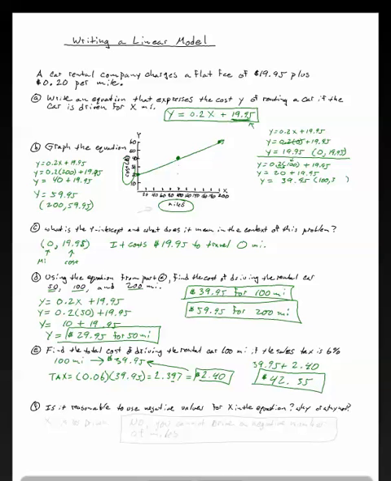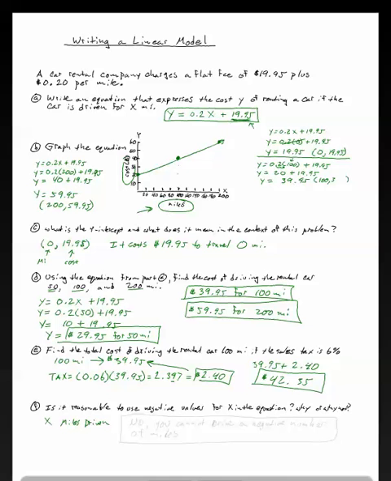The last one says, is it reasonable to use negative values for x in the equation? Why or why not? So first off, what does x represent? Well, once again, x is the number of miles driven. So really what we're asking ourselves, is it reasonable to drive x a negative number of miles? Can you drive a car negative miles? No. Right?